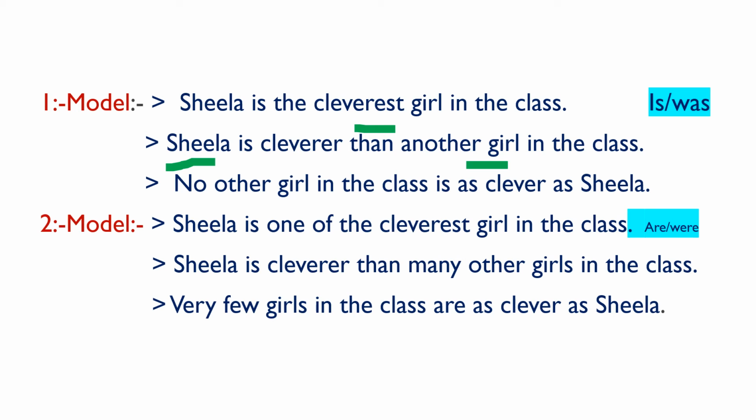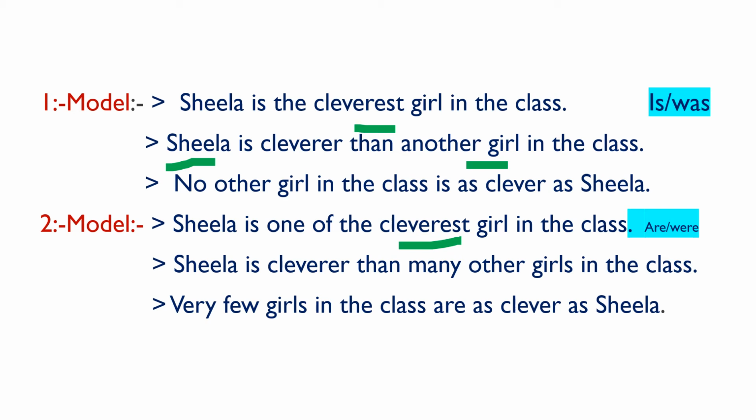Second model. Look at here. Sheila is one of the cleverest girls in the class. Not only Sheila. That means there are so many clever girls in the class. It is superlative degree. Sheila is cleverer than many other girls in the class.